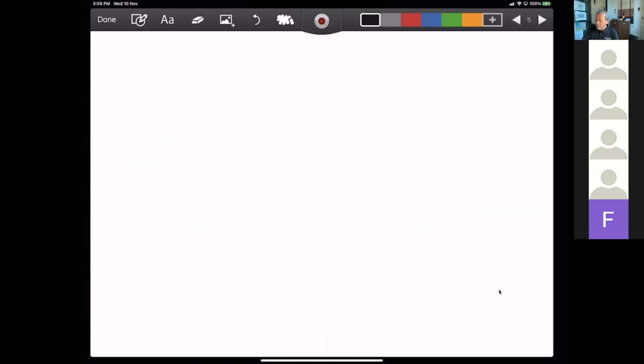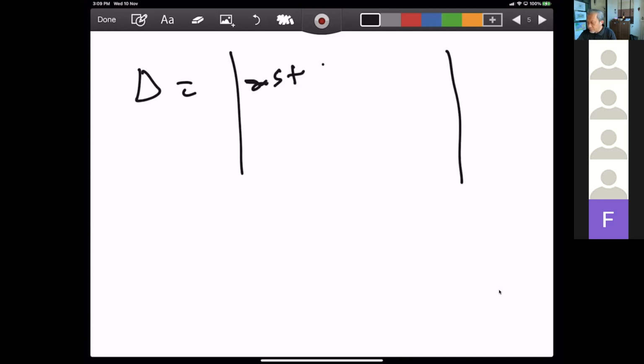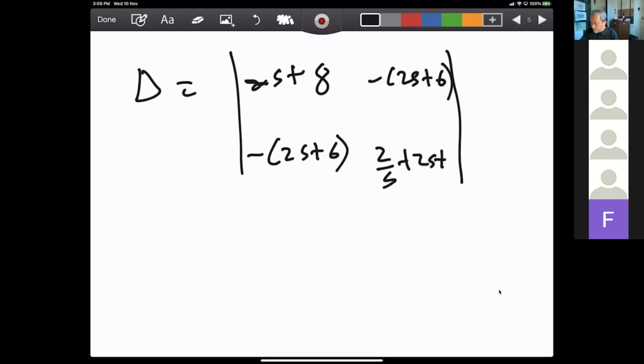So the delta is the determinant of the whole thing. Okay. So we cross multiply.